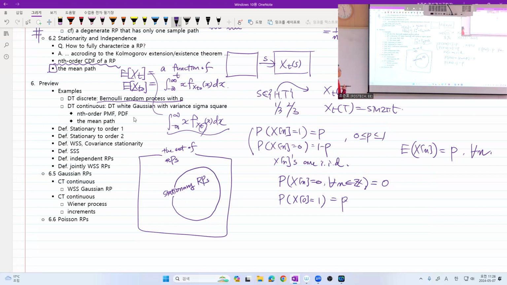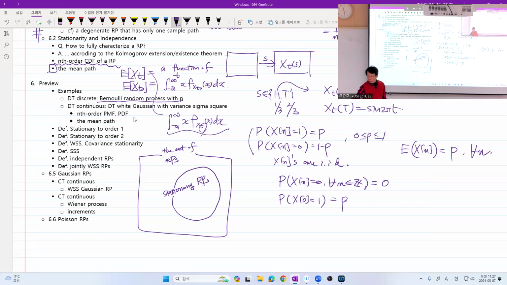Anyway, we will study a lot, and I also hope we can study Gaussian random processes. There are two types of Gaussian random processes. One is stationary, and the other is not stationary. The stationary case is very famous, and as a communications engineering graduate student, you have already confronted it.